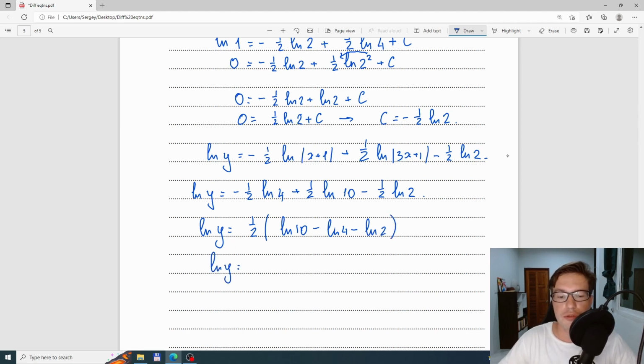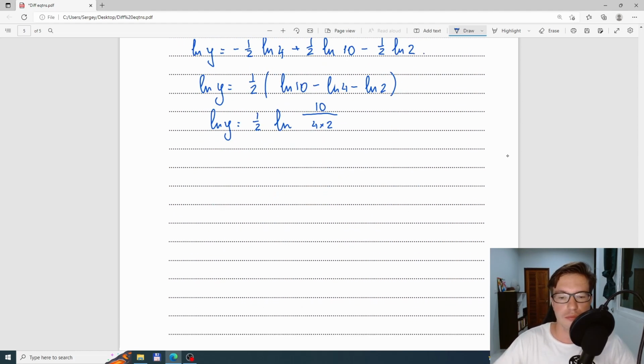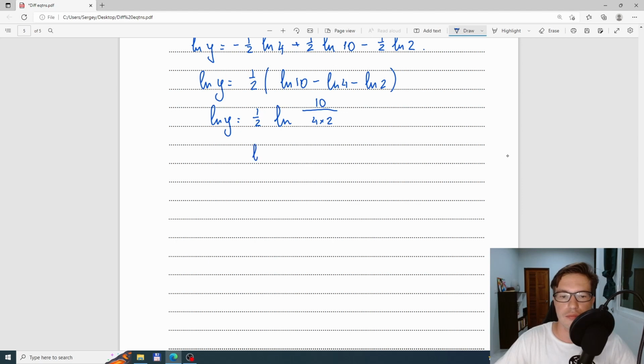Now, if we use laws of logs, we will get log 10 over, now 4 and 2 will go to the bottom of the fraction. And we got log y equals 1 over 2 natural log, that's simplified, so it's going to be 5 over 4.